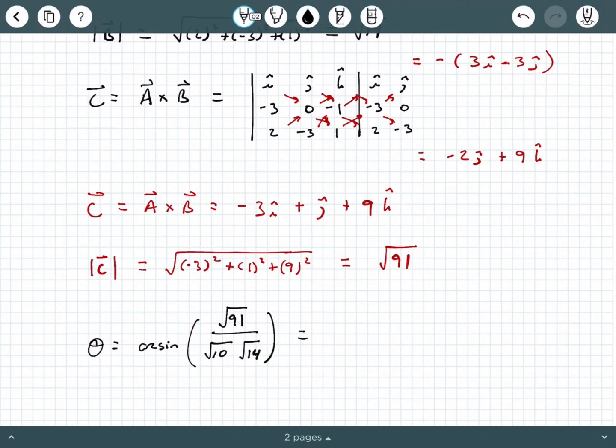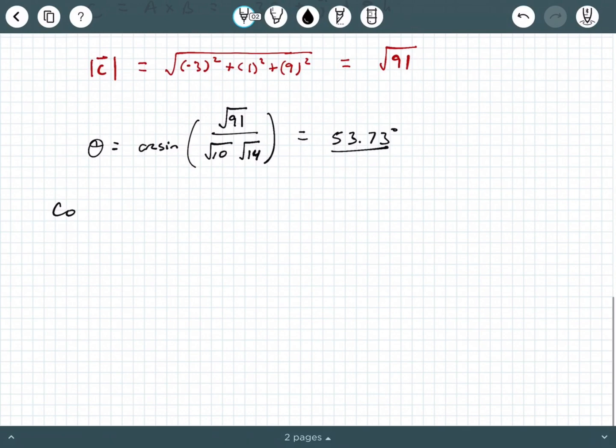And let's see what we get. 91 square root, and then 10 square root, 14 square root, and take the arc sine of that. So I get 53.73 degrees, and that is the solution we're looking for.